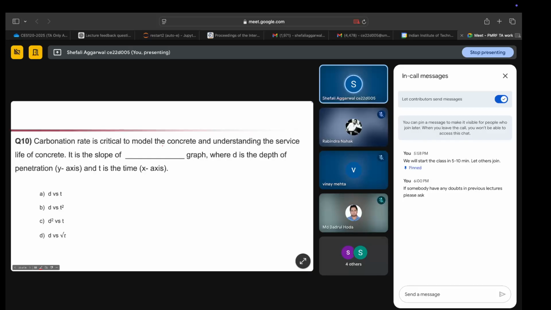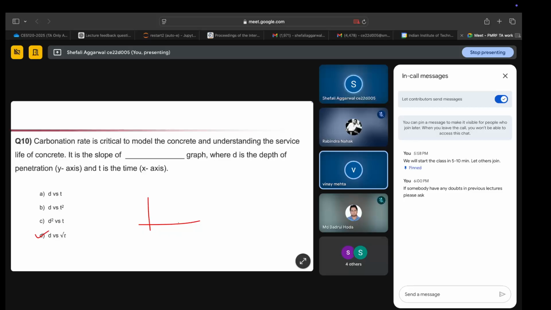Carbonation rate is critical to model the concrete and understanding the service life of concrete. It is the slope of dash graph where d is the depth of penetration and t is the time. D versus t square, d square versus t, d versus under root t. D versus under root t. Correct.